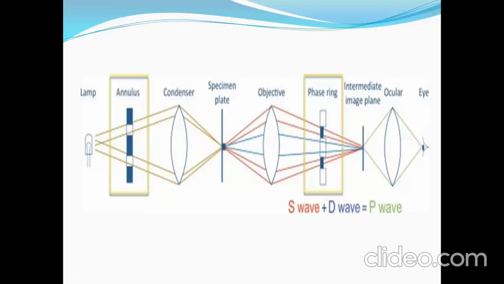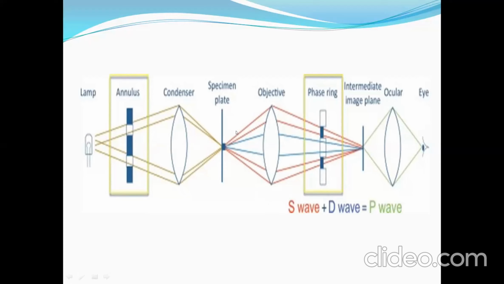Then the condenser is present, and after the condenser there is the specimen plate. Suppose we are concerned about certain bacteria, so some light rays may encounter these bacterial cells, and some light rays do not encounter the bacterial cell.